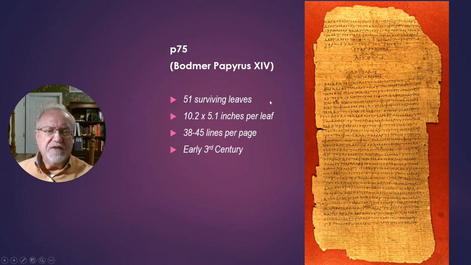The other copy that is from about the same period of time, maybe slightly later, would be this text, which is in the Vatican Library in Rome. This particular text is also dated to the early 200s. And you will notice that it has a space here, which actually means that this is the division point between the end of the Gospel of Luke and the beginning of the Gospel of John.